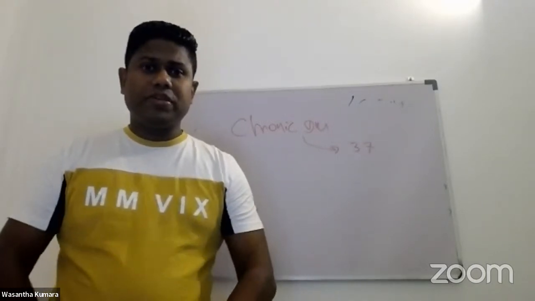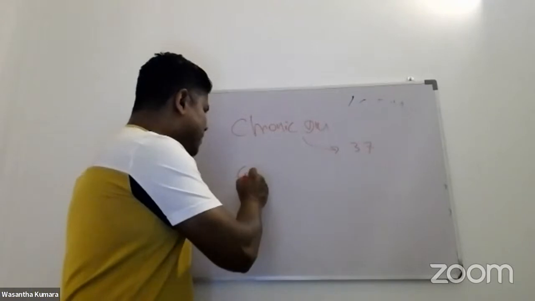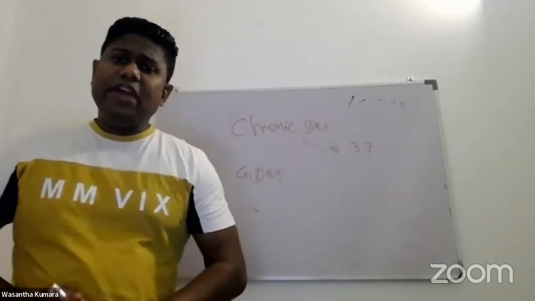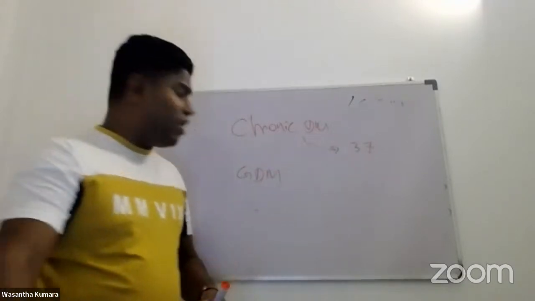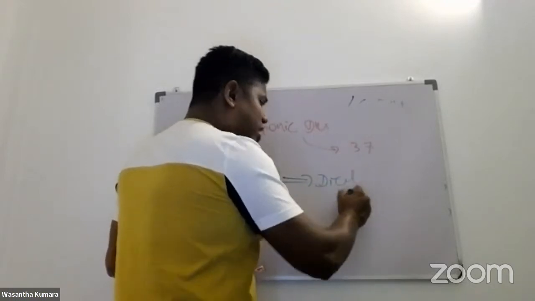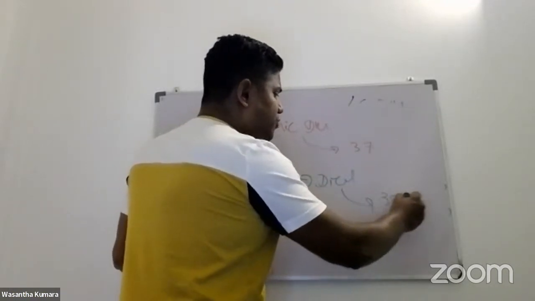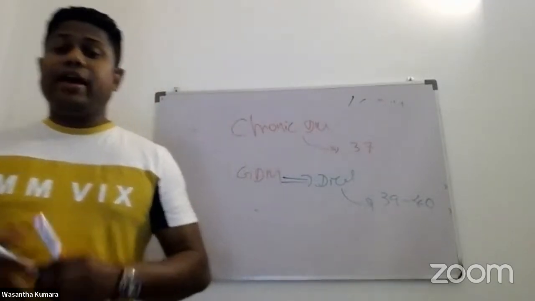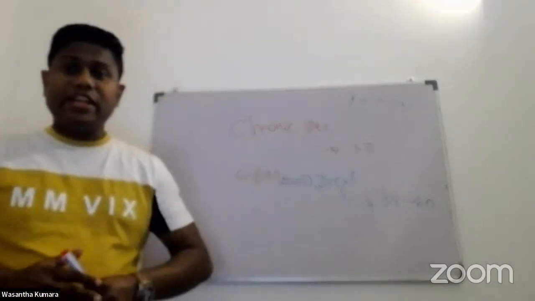Gestational diabetes patients, GDM patients, if they are having good control and are on diet control only, you can go up to 39 to 40 weeks, provided their control is good and there are no complications to the baby.